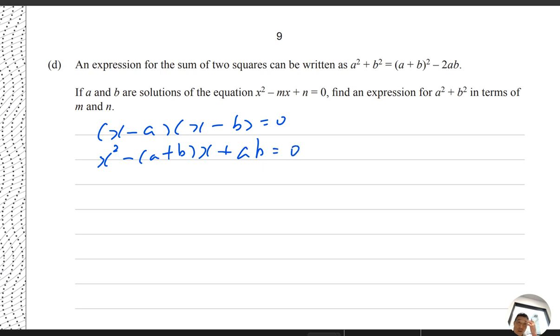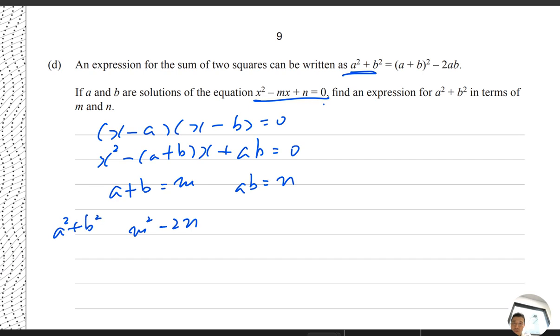So comparing with this, a plus b must be m, and ab must be n, right? So a squared plus b squared is (a plus b) squared minus 2ab. So that means m squared minus 2n should be the answer. So I'm going to write a squared plus b squared equals.